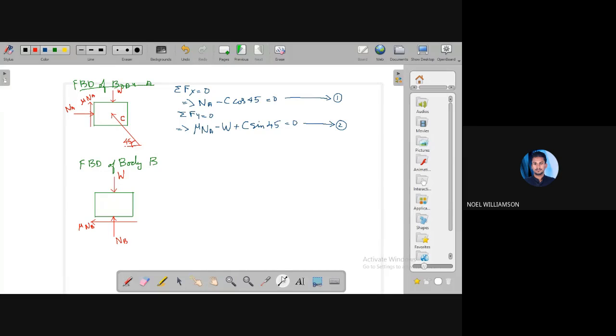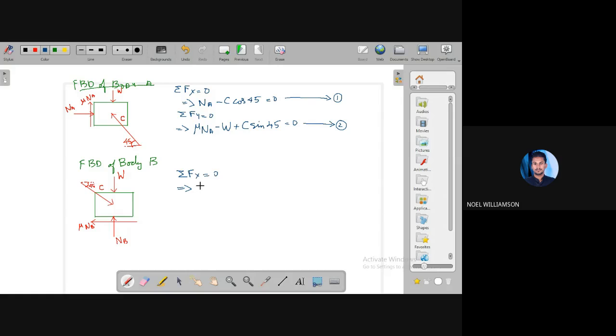Now the compressive force is acting towards the point C, C is at an angle 45 with the x-axis. So here we can consider the equilibrium relations, that is sigma Fx equal to 0 implies what will be here?